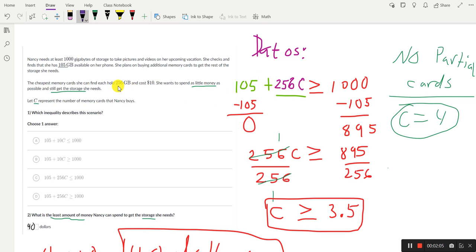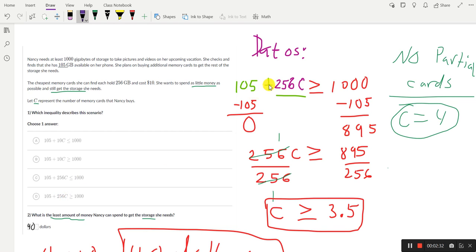Plus, they told you that she needs to buy a number of 256 gigabyte memory cards. So C represents the amount that you need. You need a bunch of these cards to make 1,000 gigabytes. All right. So she already has this number.